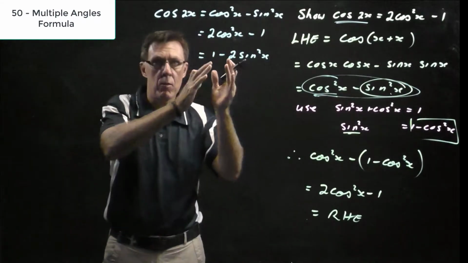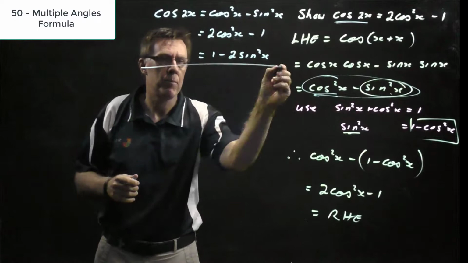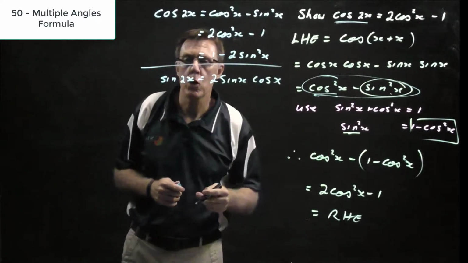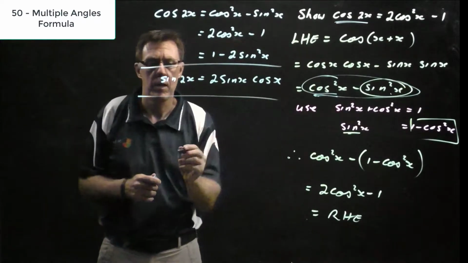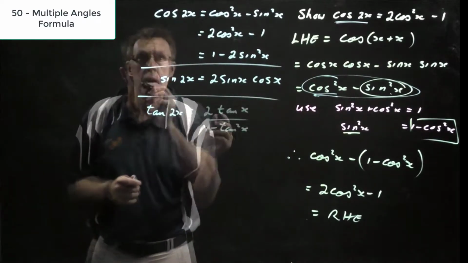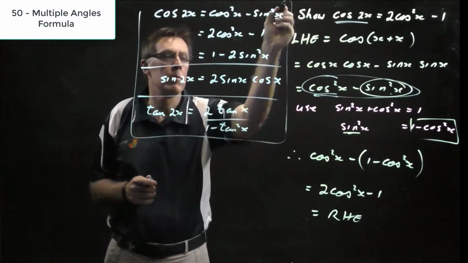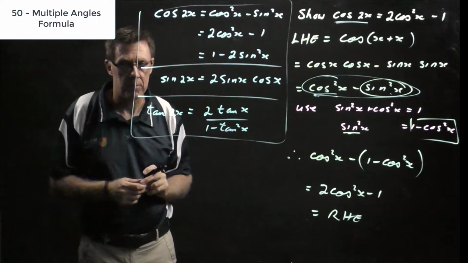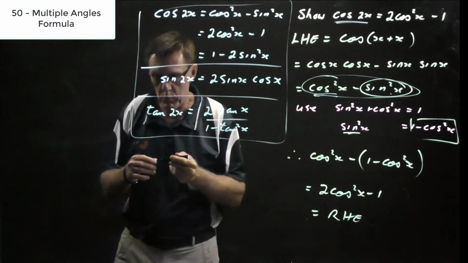So there are 3 identities that are worth remembering. Another one worth remembering is 2 sin x cos x. And the last one, tan 2x. So those 3 are all worth remembering, and they'll go into what we're going to do.